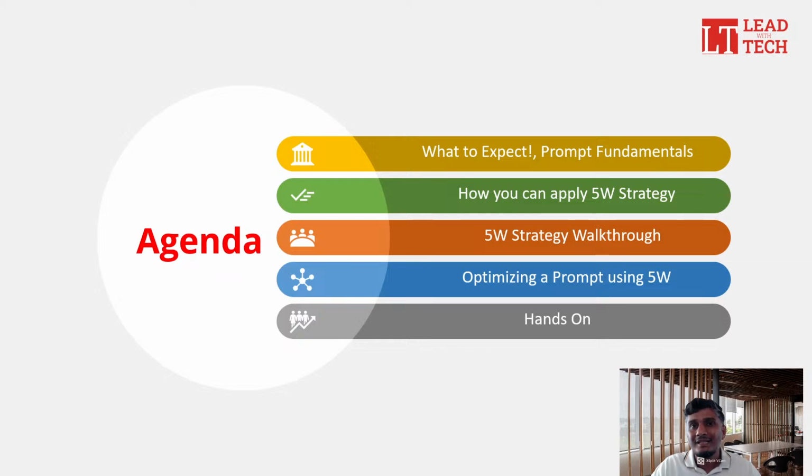And before we deep dive into the 5W strategy, we will understand each and every component of a 5W. How does it relate to the prompt basic blocks? And then look at a real example where you take a prompt and optimize that using the 5W strategy.